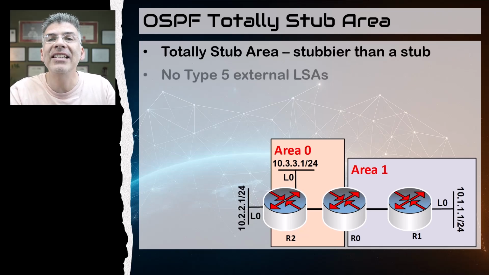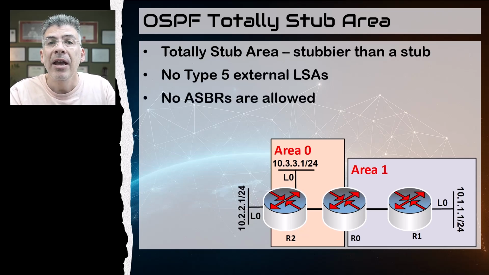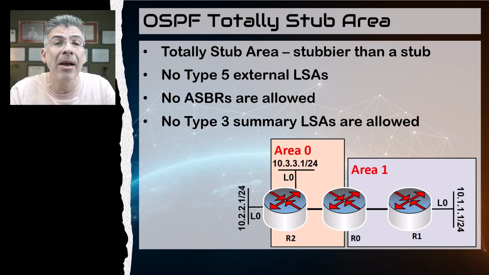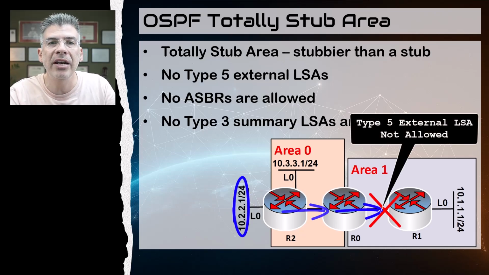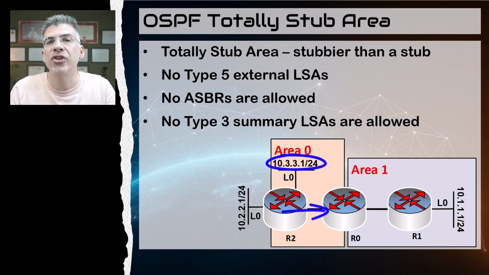It too doesn't allow any Type 5 external LSAs nor ASBRs within the area, but it also does not allow any Type 3 summary LSAs in the area either. What does that mean? Not only will this external route not be advertised to R1, but not even this inter-area route will be advertised to R1.